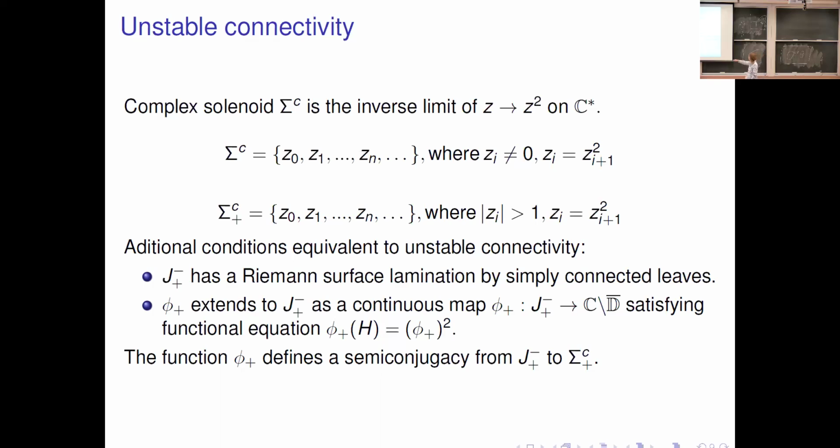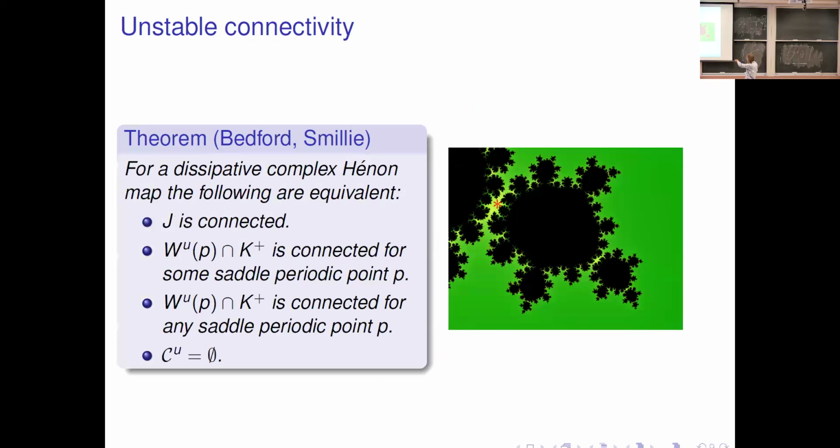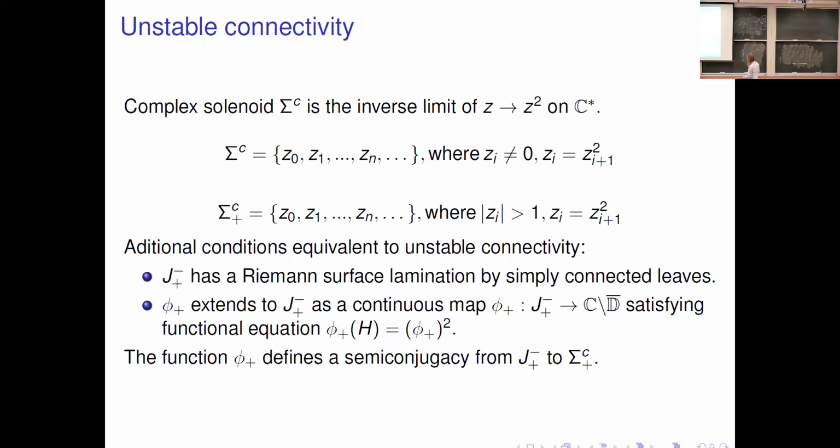Okay, so let me first state 2 more conditions that Bedford and Smiley list. Let me go back to the previous slide. So these are conditions of unstable connectivity. Unstable connectivity can also be described in terms of G minus plus, and I think I missed the definition.